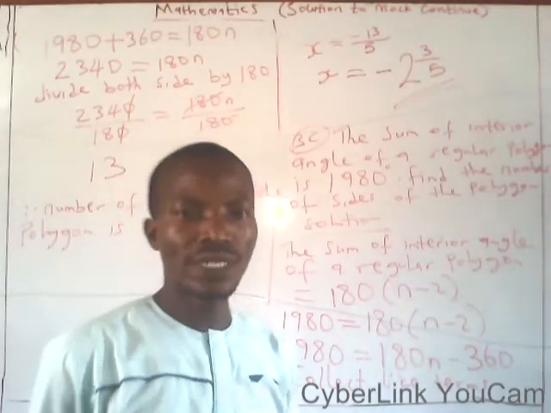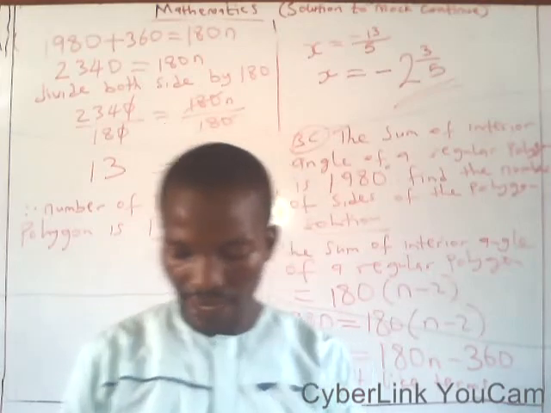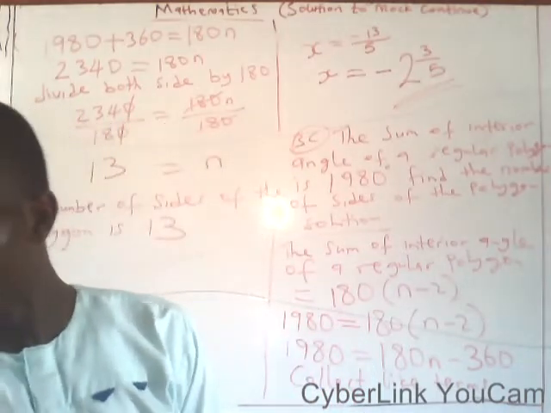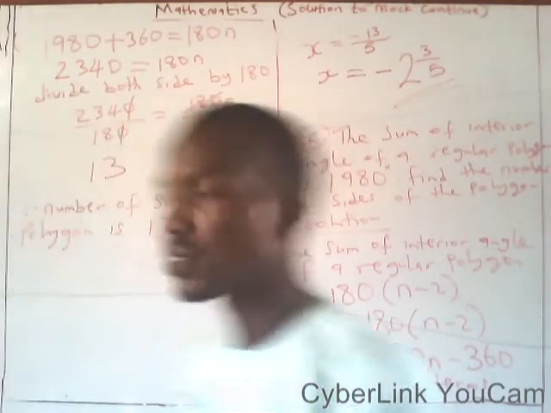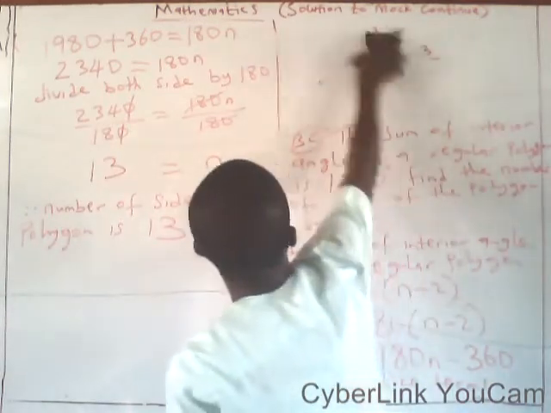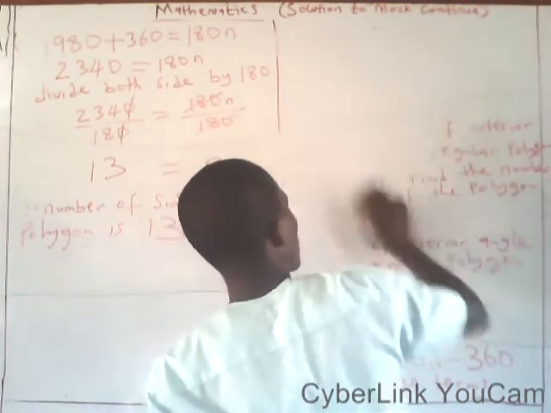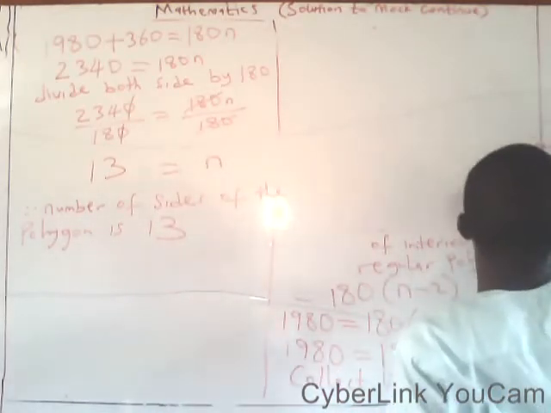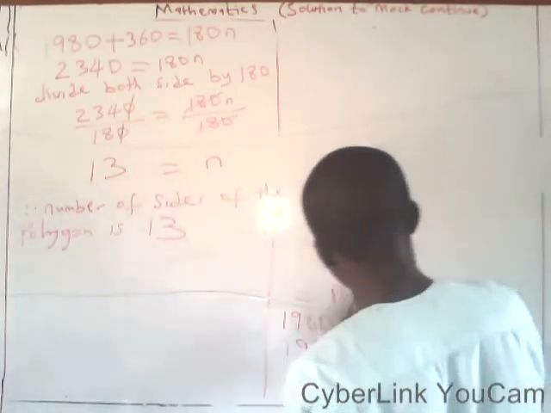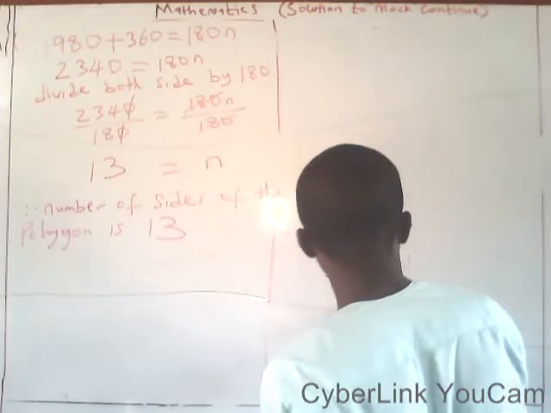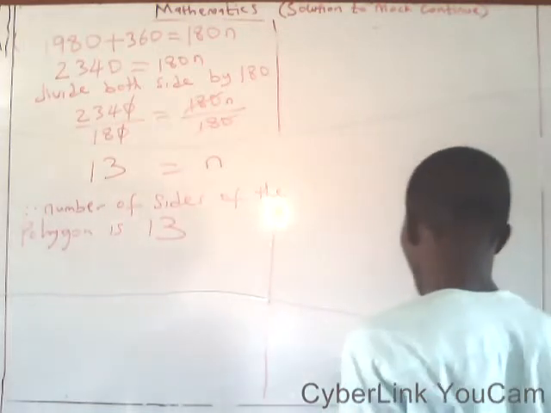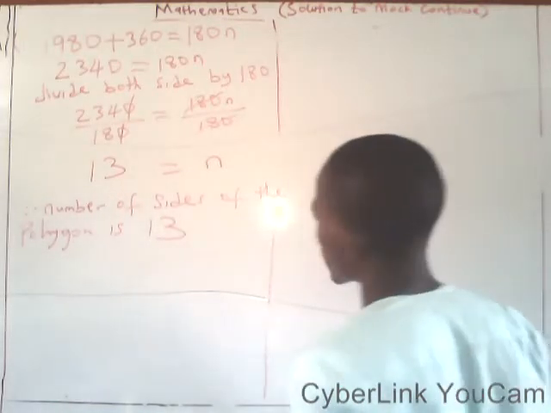Now we move to question number 3d. In question number 3d, we are given a triangle, and you are asked to find the value of x in the triangle given.